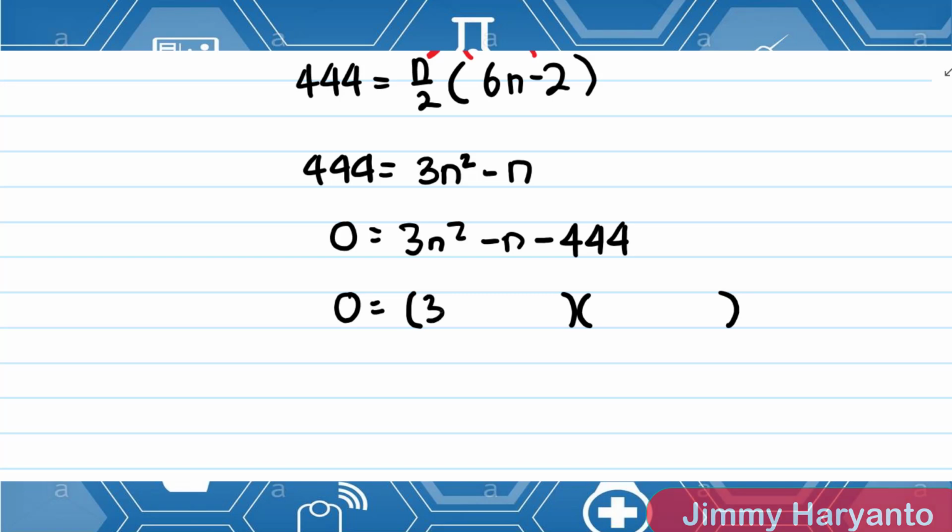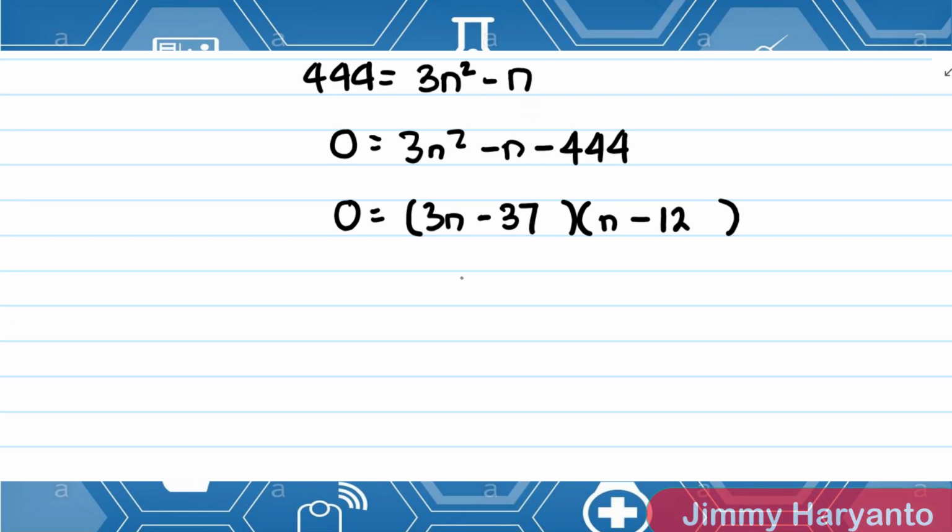This one will be hard to factorize. So the factorization will be like this. Therefore, I will have n equals 37 over 3, and for this one n equals 12. I will choose 12 because the number of terms should be an integer. It cannot be a fraction. So n equals 12.